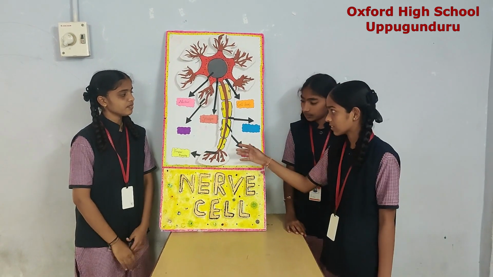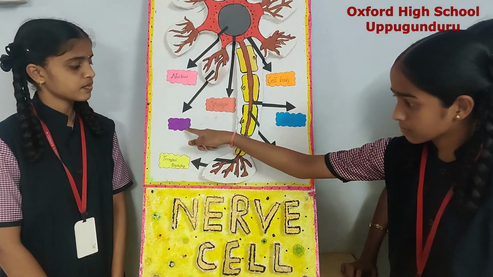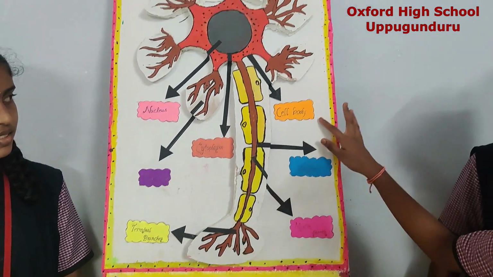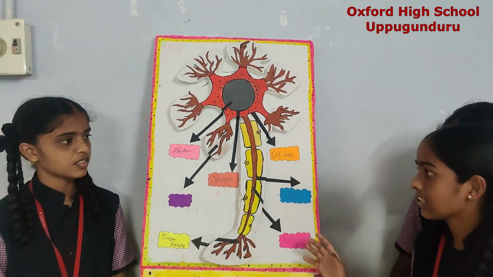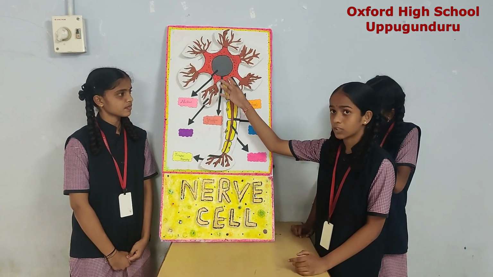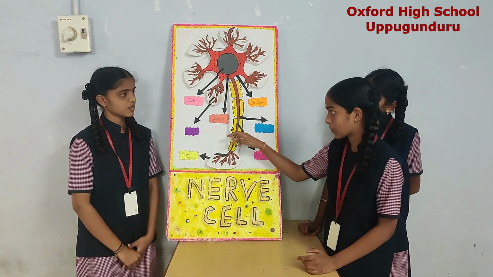In the nerve cell, there are six distinct parts: nucleus, cytoplasm, dendrites, terminal branches, cell body, axon and myelin sheath. The important part is the nucleus. The nucleus protects the proteins and holds the nerve cell, and the second part is the cytoplasm.